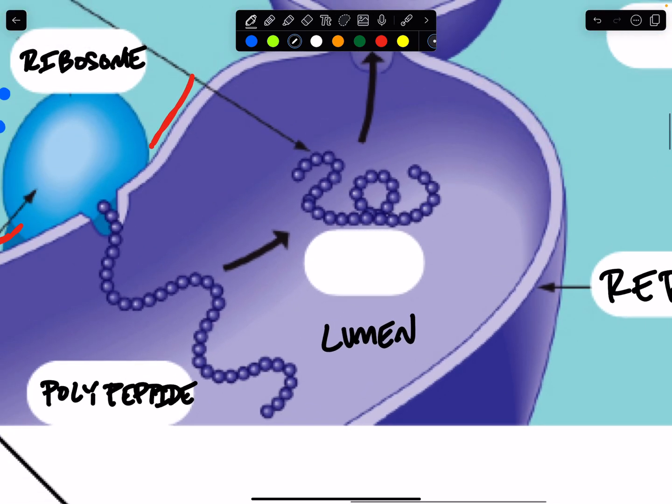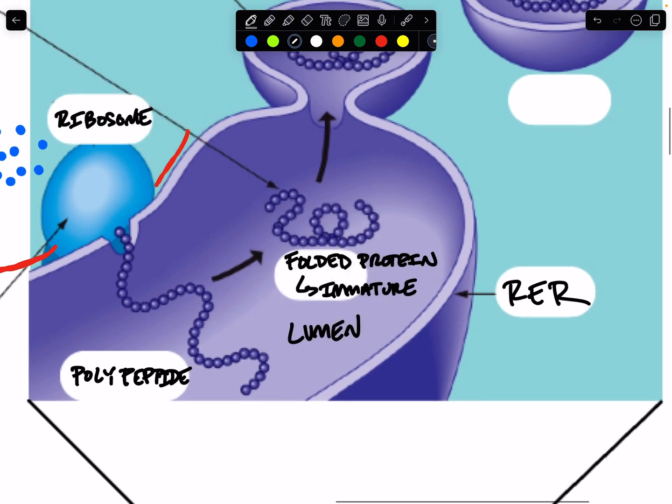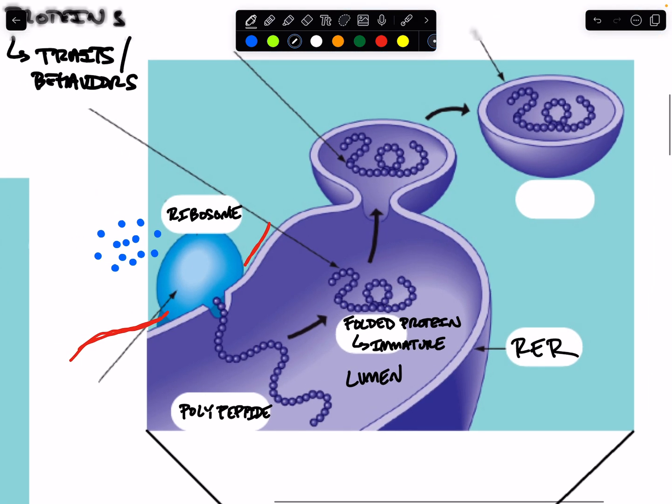So here we have a folded protein. But this folded protein is still immature, and it needs to be sent to the Golgi body in order to become mature and become a functional and active protein. So here's how it gets to the Golgi body.